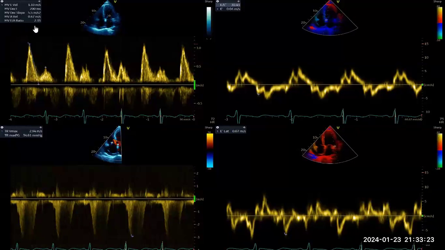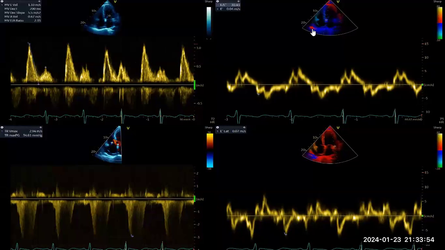You have mentioned that the E over A here is 2.3. Yes. So this is either stage 3 or 4 or super normal then. So how can you differentiate by going to the annulus, right? Yes. You can see here the E prime, I'm not sure if you can see the number upstairs.